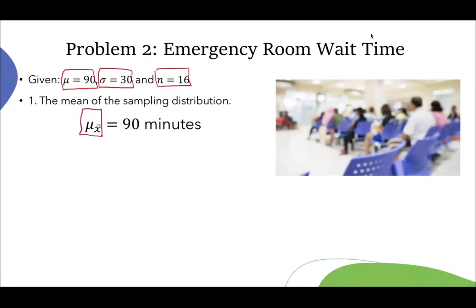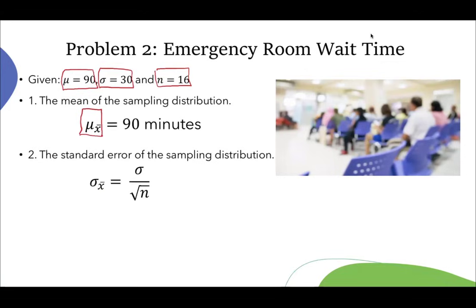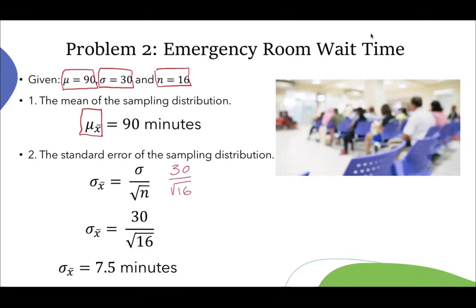That's 90. And the standard error of the sampling distribution, you're going to apply the formula and take 30 divided by the square root of 16. Okay, 30 divided by 4 is 7.5. So you use the proper symbol for the standard error and the value out of the formula, 7.5.